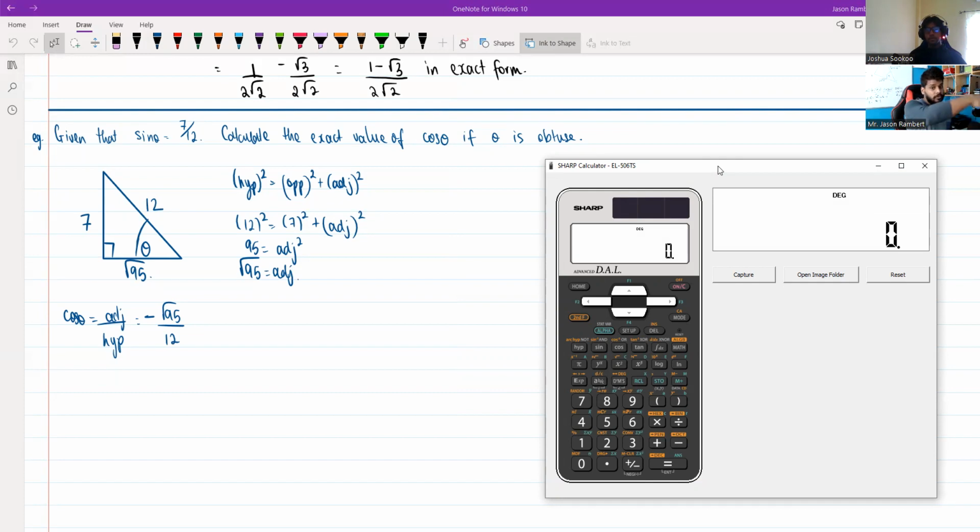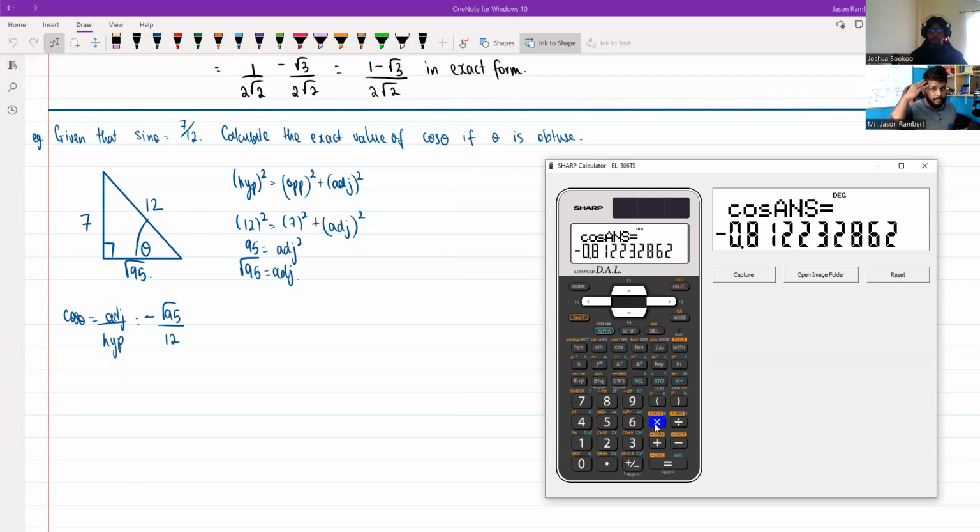Theta also lies in the second quadrant, which is 180 minus my principal value. 180 take away my principal value, I get 144. I'm storing that in B. So cosine of B will give me a negative answer. I wonder if this number is negative root 95 on 12.